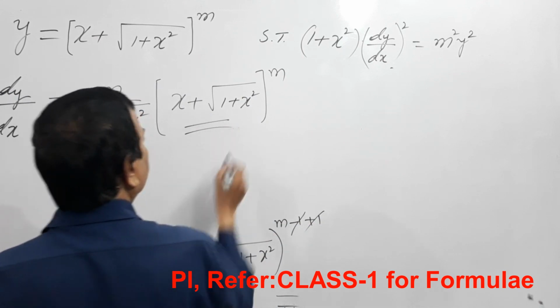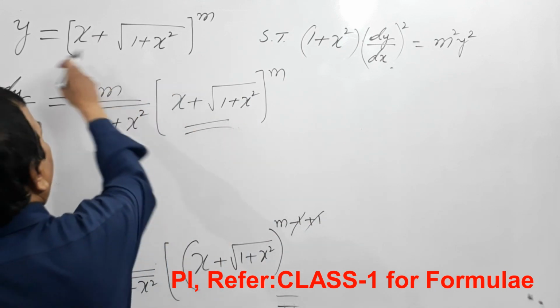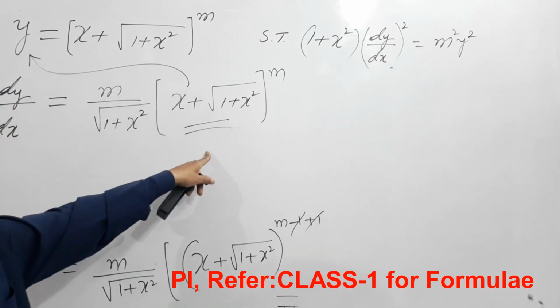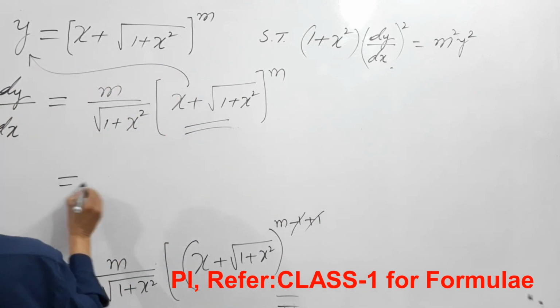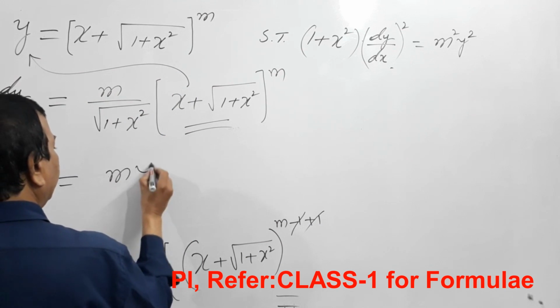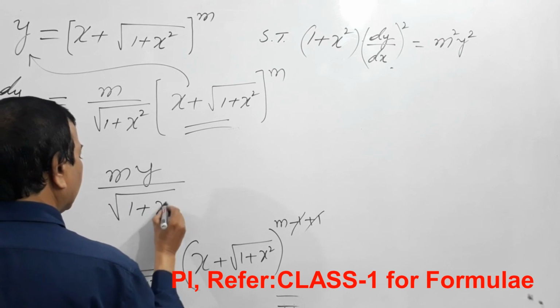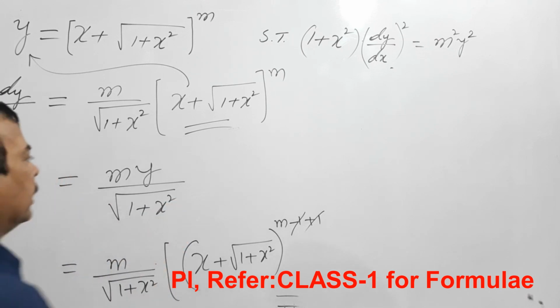Now what is this? This is nothing but our y, because see this? This is our y. So can I write like this? m into y by under the root 1 plus x square.